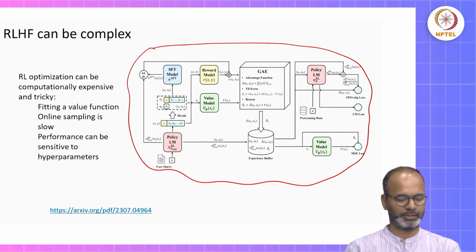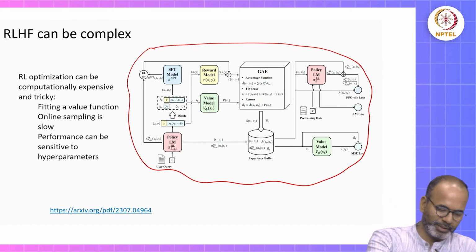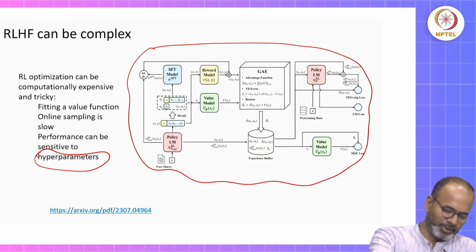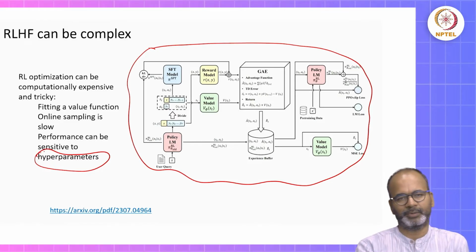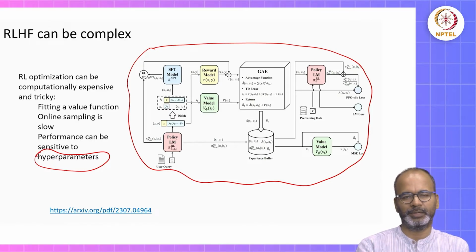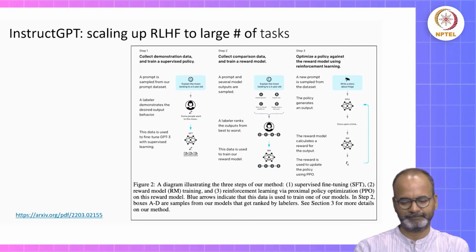I'm sure some of you, whoever has played around with these models, will understand that one of the questions that you will be asked is, what are the hyperparameters? How much fine tuning did you do? So that's the difficult part in terms of getting this right.